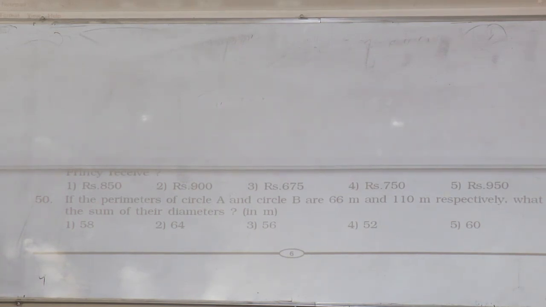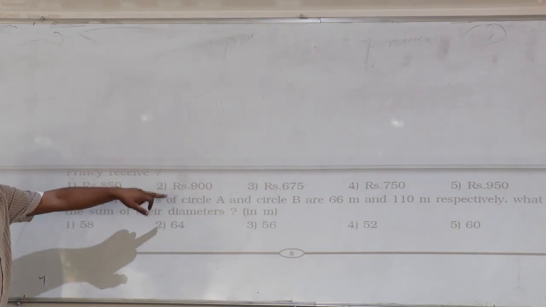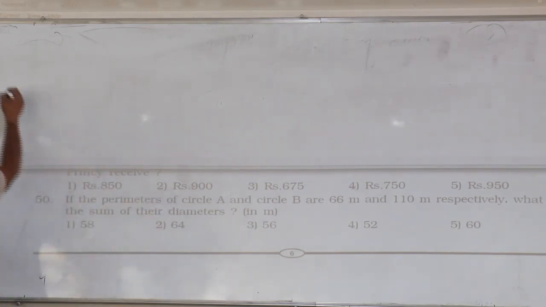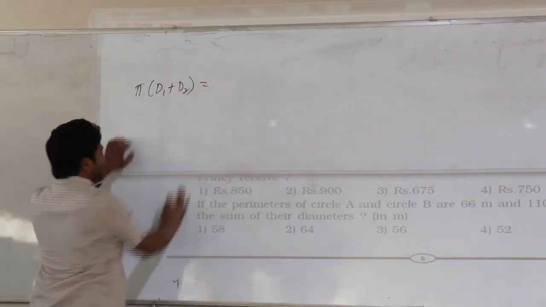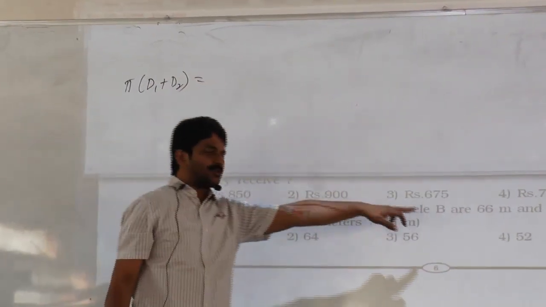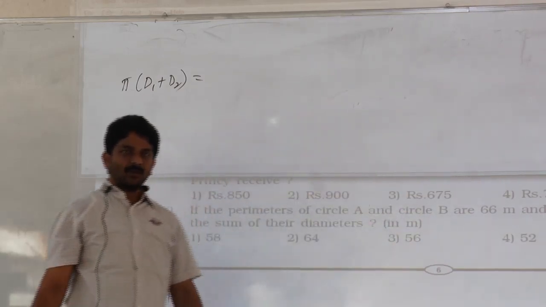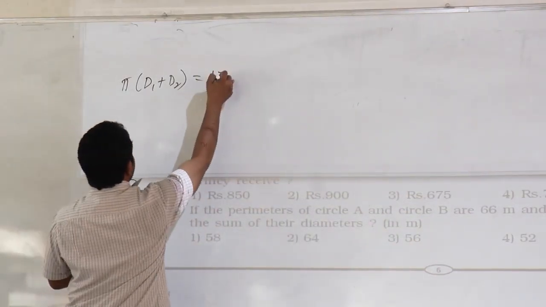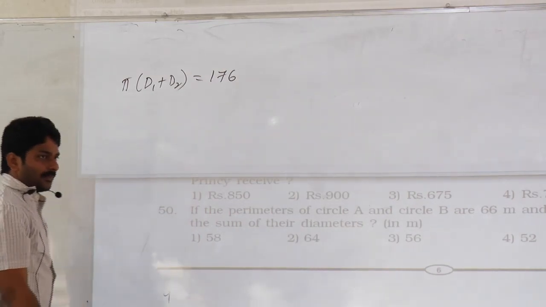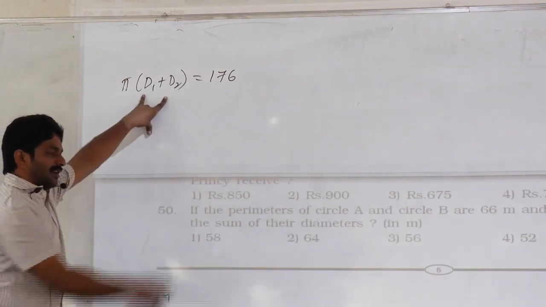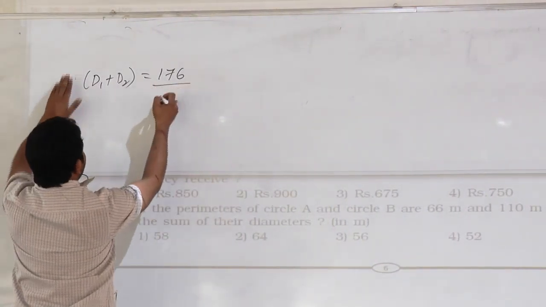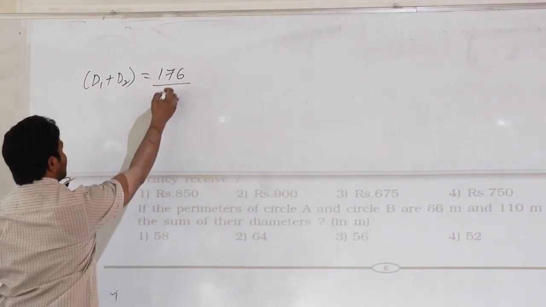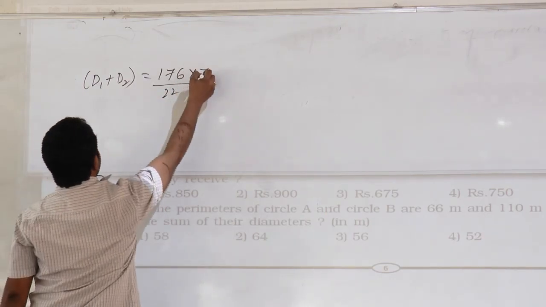So if the perimeters of the circles are pi d1 and pi d2, the sum of perimeters of the 2 circles is 66 plus 110, which is 176. And your question is about the sum of their diameters, d1 plus d2. So 176 divided by pi, pi in the sense 22 by 7.